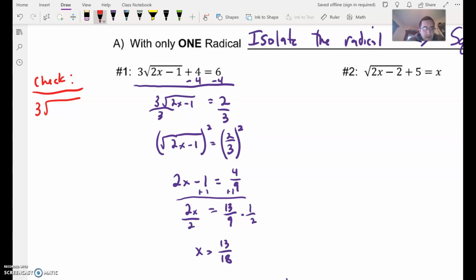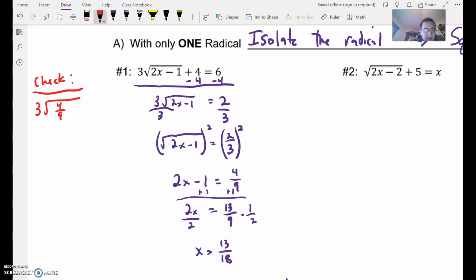3 times the square root of, what's 2 times 13/18? That'd be 26/18. 26/18 minus 1. What is 26/18? That's 13/9. 13/9 minus 1, which is 9/9, so that's going to be 4/9. It's going to work out nicely.